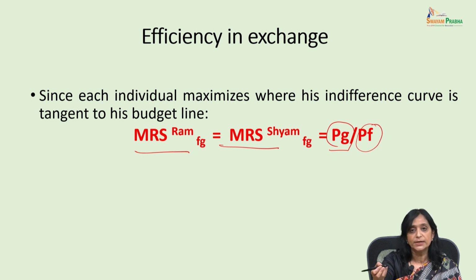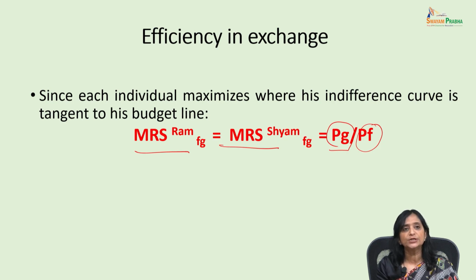Because what does our consumer equilibrium say? That the marginal utility that you derive from one good upon the marginal utility that you derive from another good, the ratio of the marginal utility of two goods for one consumer, should be equal to the price ratio of those goods, because this is the point of equilibrium of the consumer.